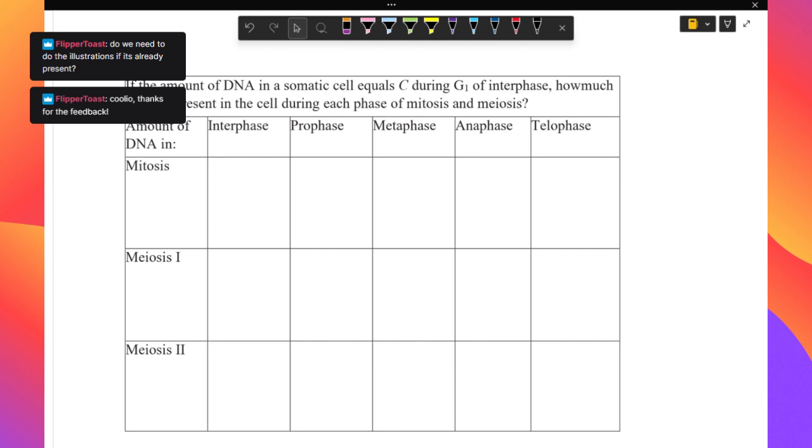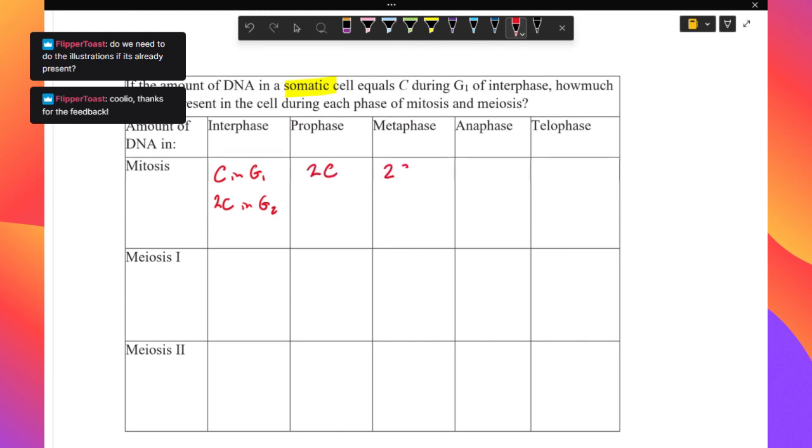The amount of DNA in a somatic cell, not a gamete, this is all the other cells in the body, equals C during G1 of interphase. How much DNA is present in the cell during each phase of mitosis and meiosis? Mitosis, meiosis 1, meiosis 2. So in interphase of mitosis, we're going to have C, same number, in G1, and we'll have 2C in G2.